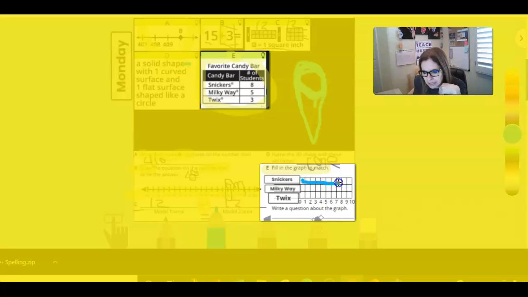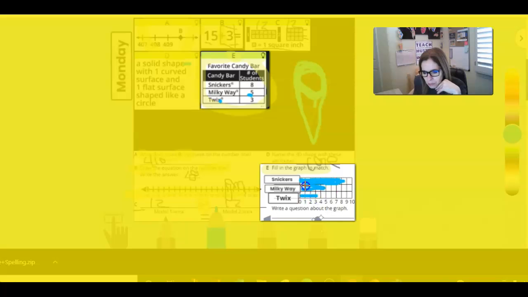So I'm going to color in 8 of these squares. Oops, 8. That means 2 will be open because it's a total of 10. And I can clean that up with the eraser, can't I? And then for Milky Way, it says 5. So I'm going to color in 1, 2, 3, 4, 5. Then I'm going to color in Twix. It says 3, 1, 2, 3.